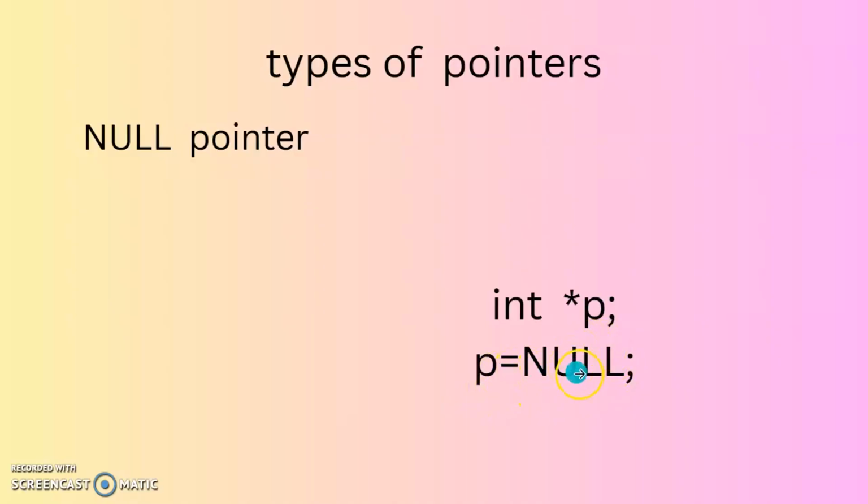That means this null pointer will have the value 0 and this 0 will be assigned to p, because this is to safeguard this p variable from the problem of wild pointer. Wild pointer means it will point to some random or garbage value. So till you assign the address of some variable, temporarily I can make the pointer variable p store the value null. Null means literally 0.